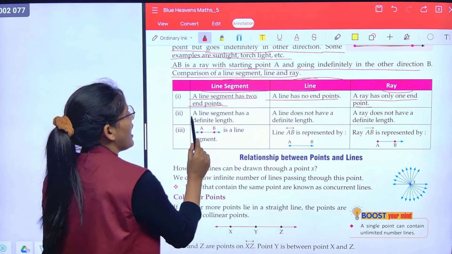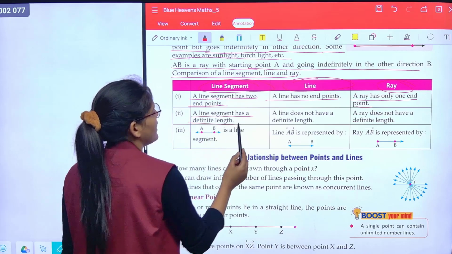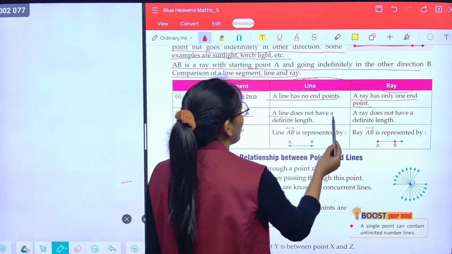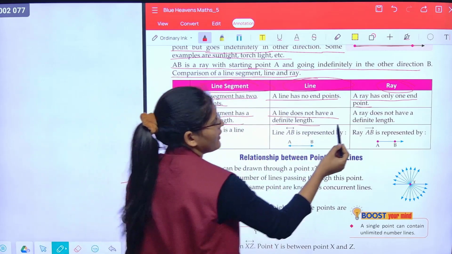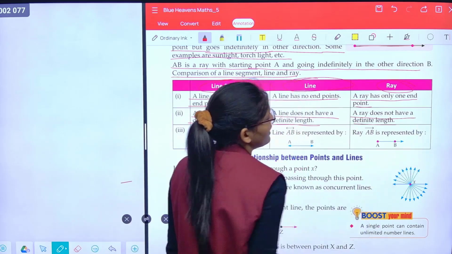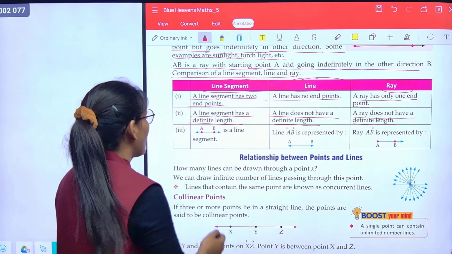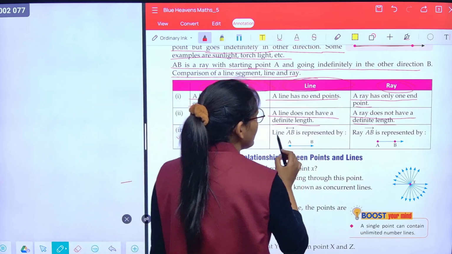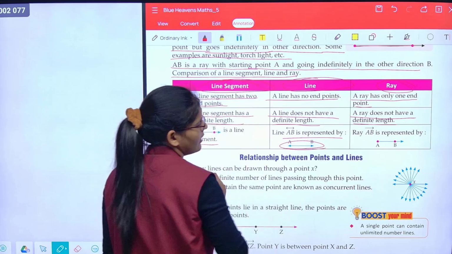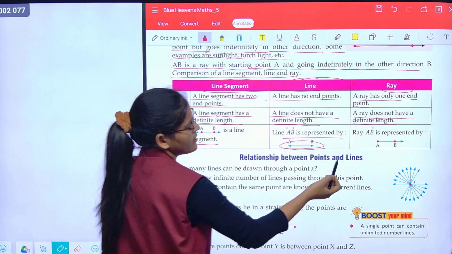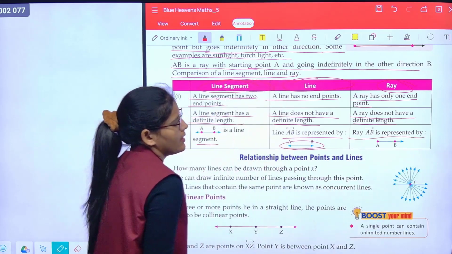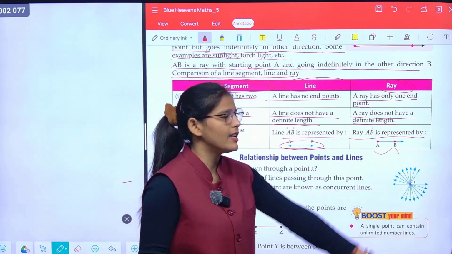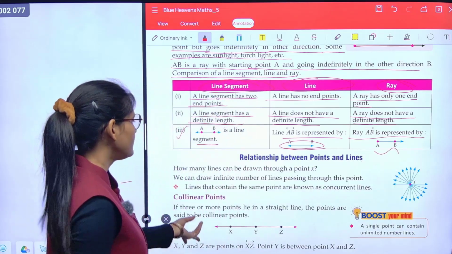A line segment has a definite length. A line does not have a definite length. A ray doesn't have a definite length. Third point: AB is a line segment, line AB is represented like this, and ray AB is represented by this as shown in the figure.